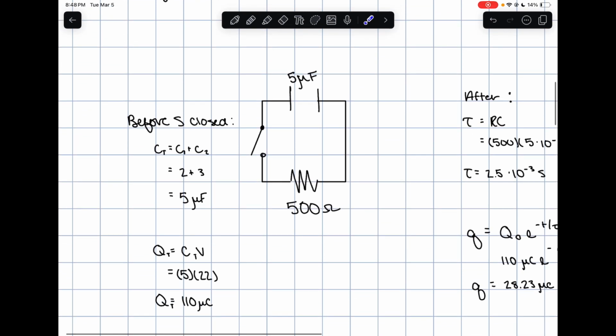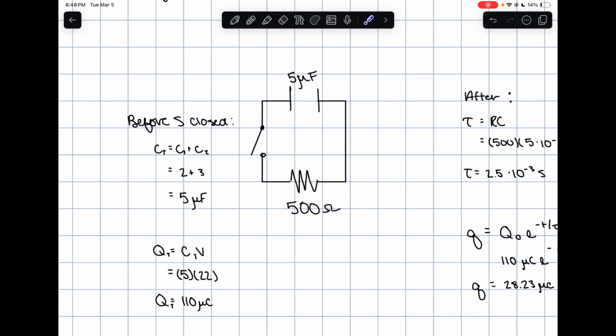We can also find the total charge before the switch is closed, which will just be the total charge is equal to the equivalent capacitance times the voltage, so 5 microfarads times 22 volts equals 110 microcoulombs.